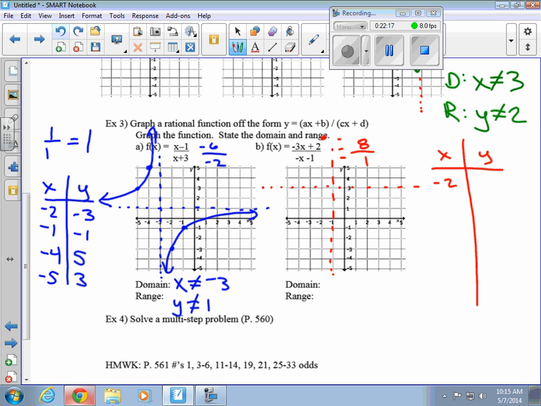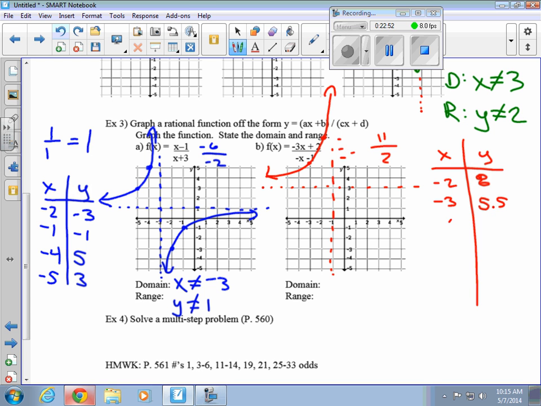Now let's put in -3. What's -3 times -3? 9 plus 2, 11. And then if I put in -3, that's going to be a 3 minus 1, which is 2. So 11 halves, which is 5.5-ish. So our graph is going to look something like that, right? So let's try the other side, the right side branch.